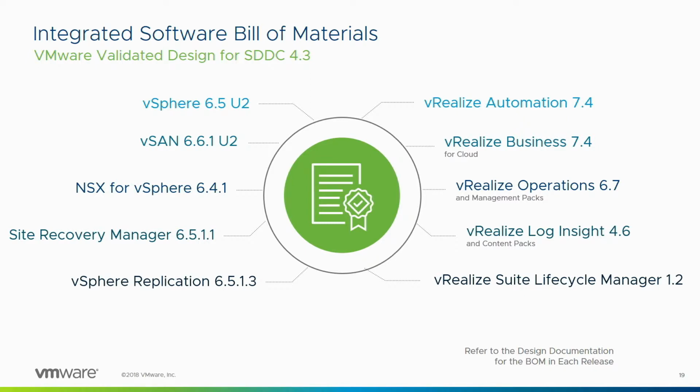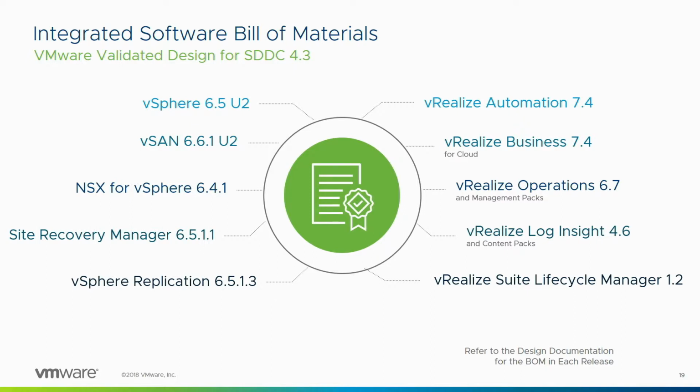There's a couple of reasons. 6.5U2 was actually released around the same time as 6.7 GA, but there was no upgrade path. And if you remember, I said we never leave you in a place where you can't upgrade. So we wanted to make sure that when we released the next version of the VVD, there was an upgrade path for our customers for every single one of these products, okay?